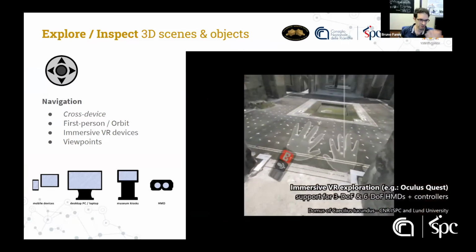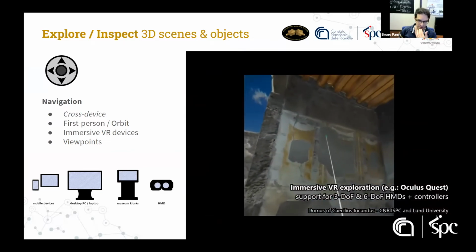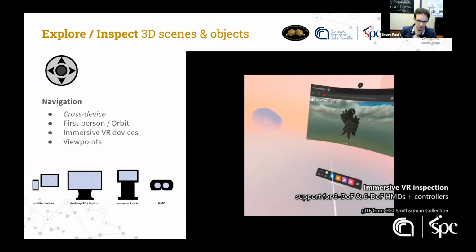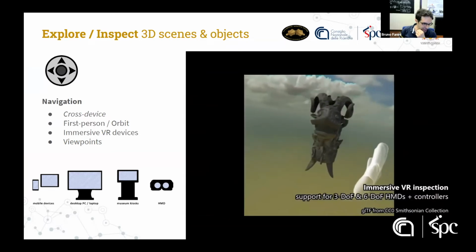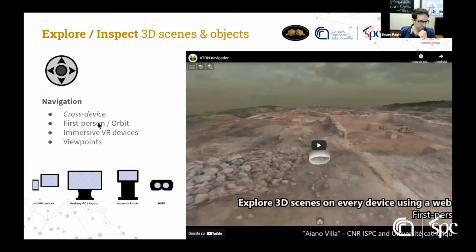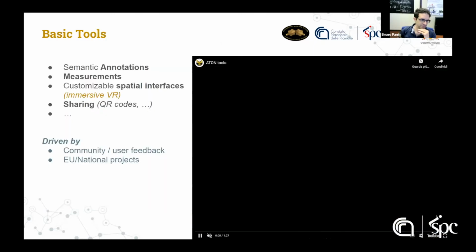There is first person, orbit modes, and also device orientation modes to explore 3D objects and 3D scenes in different ways, also including immersive VR devices, and including viewpoints. You can annotate viewpoints on your objects, and you can also constrain navigation to certain points and locations of your environment, and so on. So you have full flexibility in these terms.